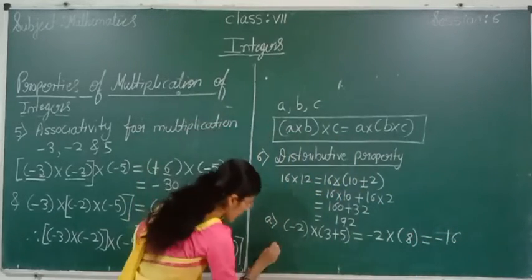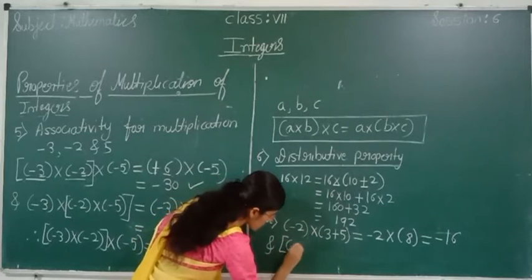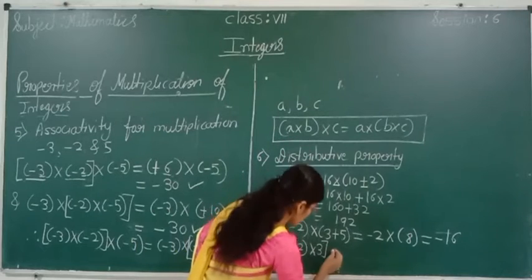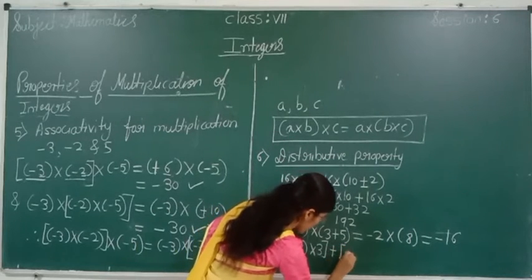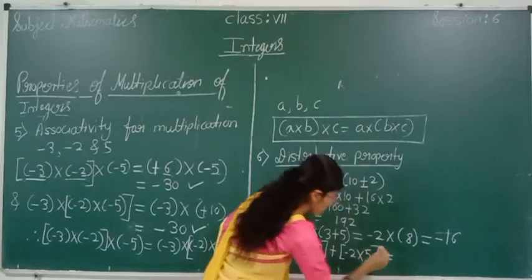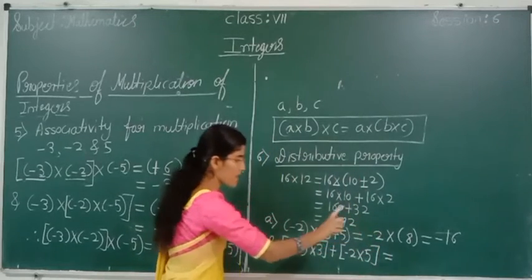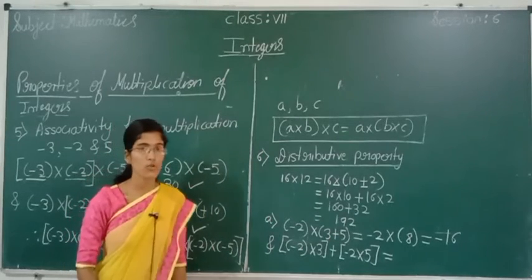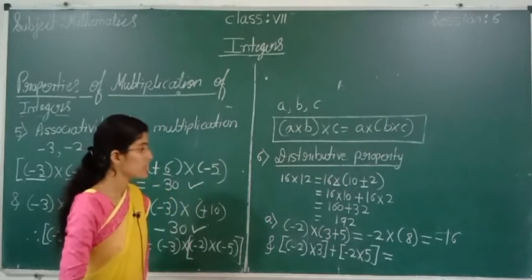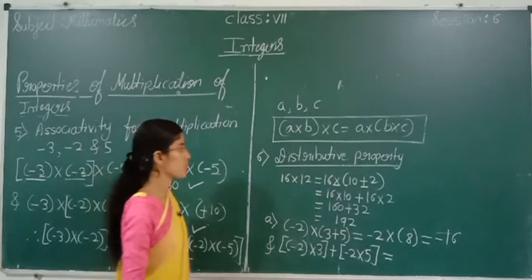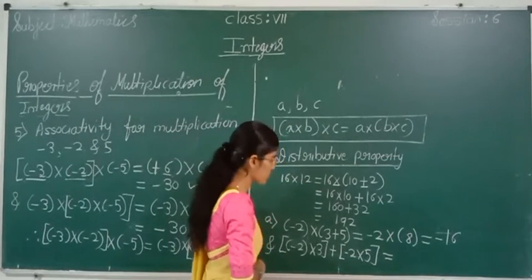Next, minus 2 into 3 plus minus 2 into 5. If we get the same answer, we can tell that integers will also hold the distributive property.